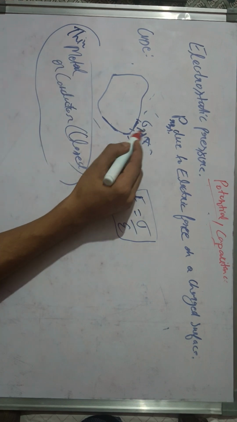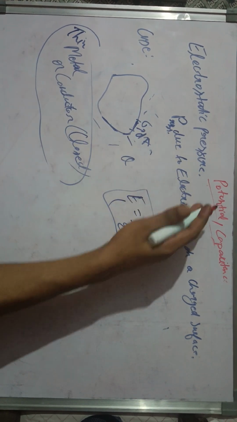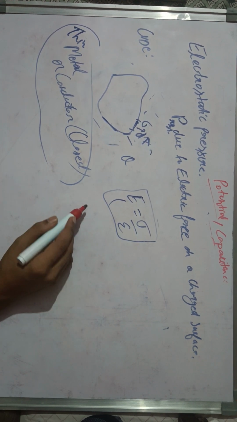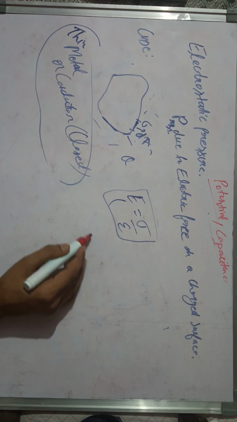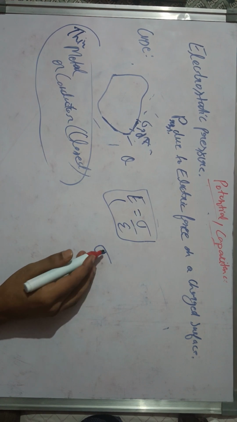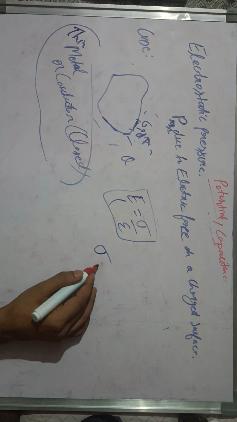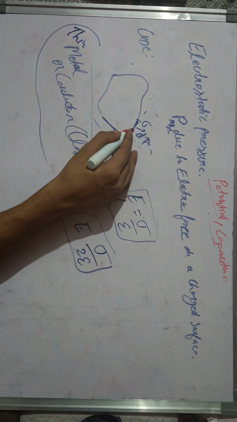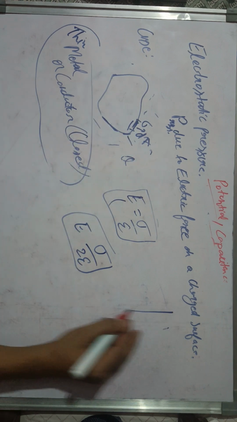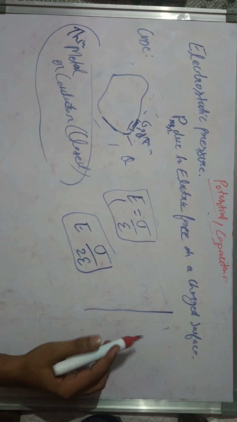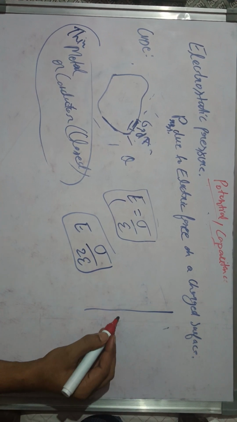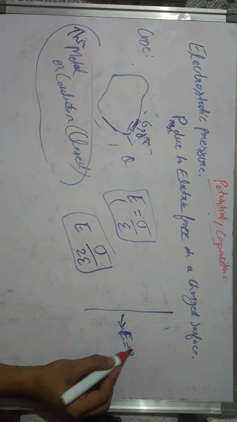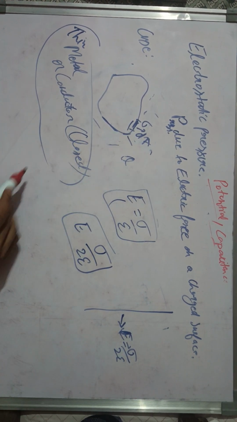Then the electric field just outside this surface would be sigma by epsilon. And we know that the electric field due to this dA element is sigma by 2 epsilon, since this small element will act like an infinitely large surface, and the field here would be equal to sigma by 2 epsilon due to this surface.